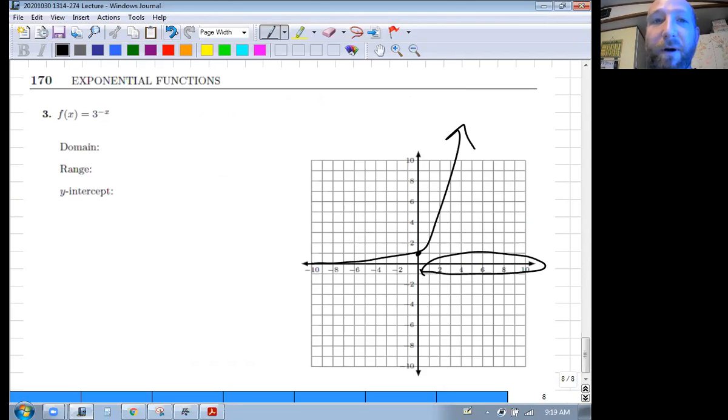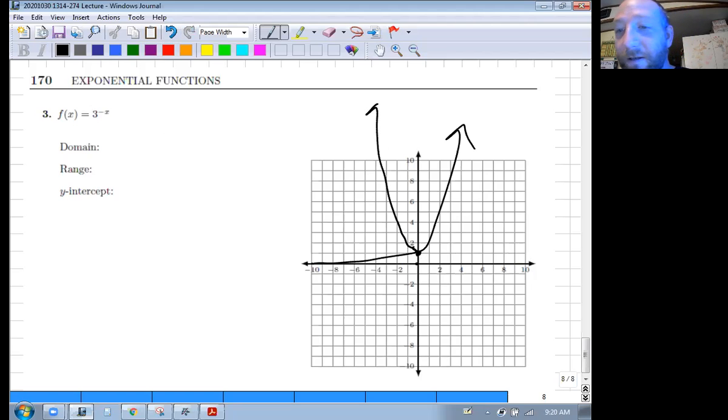Now when you plug negative numbers in, the negative in front of the negative turns them positive. So this thing is going to look just like that. All right, it's going to be flipped.